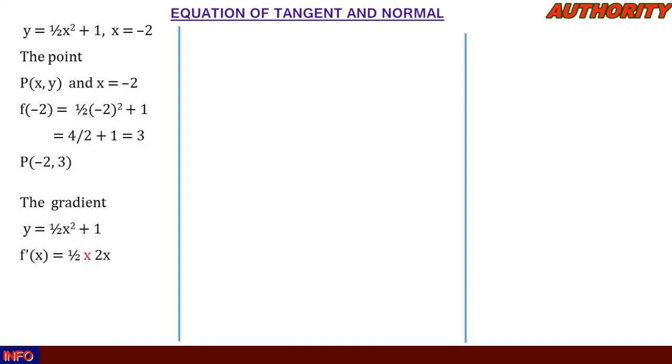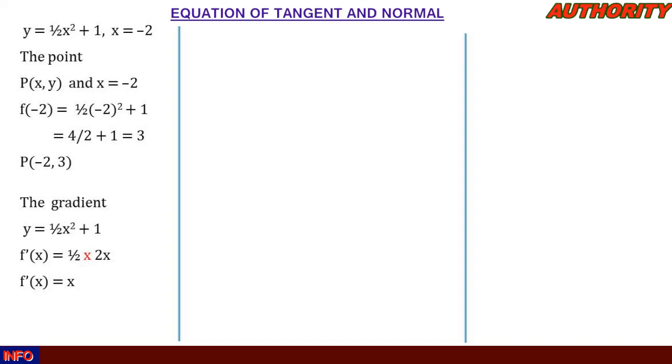That means we are going to have 1 all over 2 times 2x. When we differentiate 1, it's going to give us 0 because it is a constant. So 1 all over 2 times 2x is going to give us 2x all over 2. We cancel 2, then we have x. So f prime of x is equal to x.